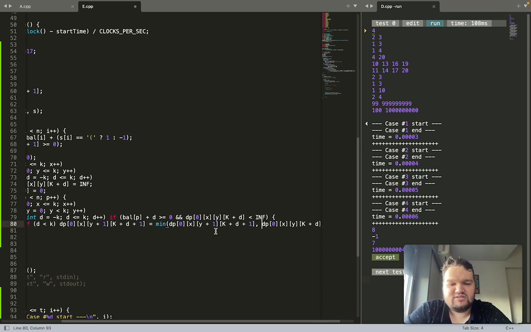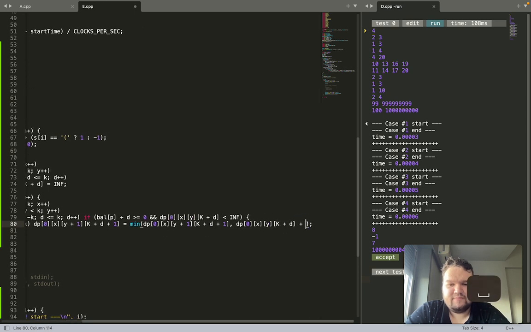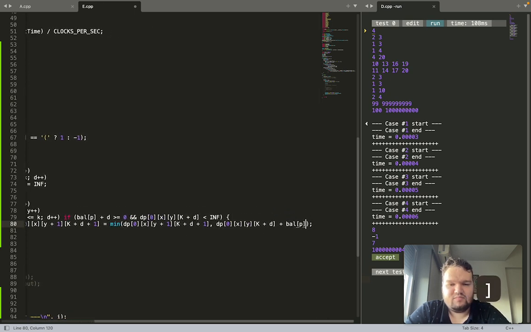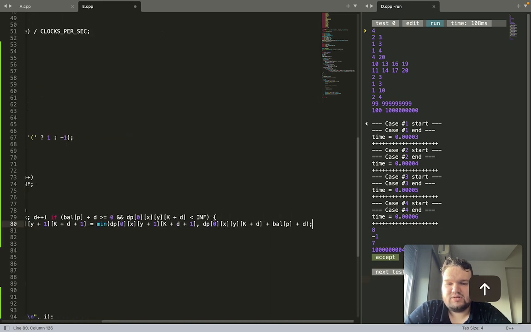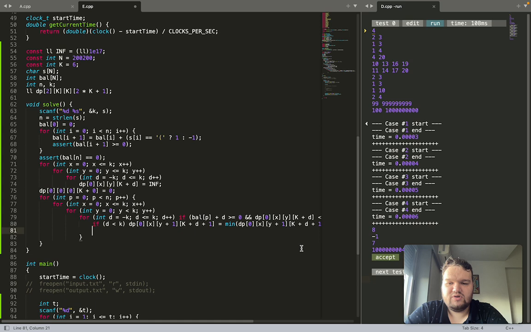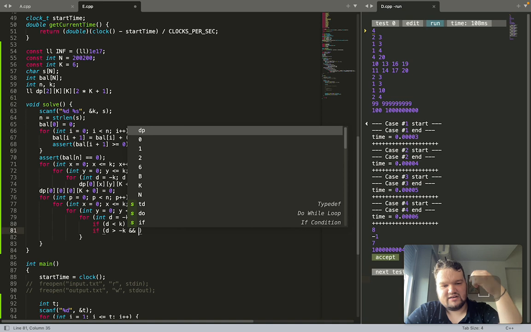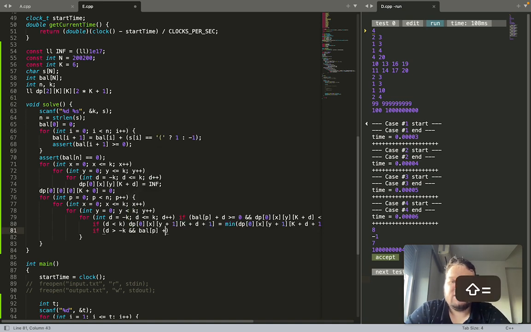So the current balance is this. Okay, and now if d is greater than minus k, and I will not go into the negative balances, so the current balance is strictly positive, then I can add a closing bracket.